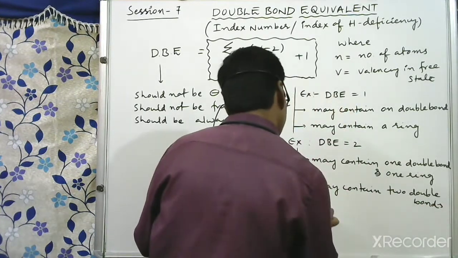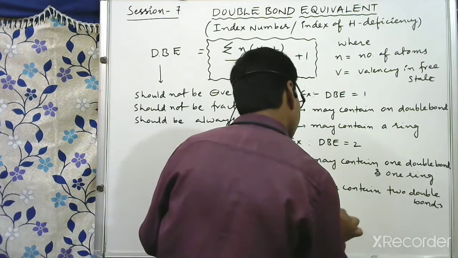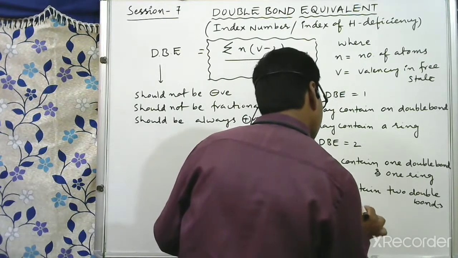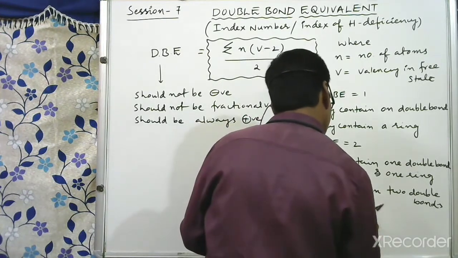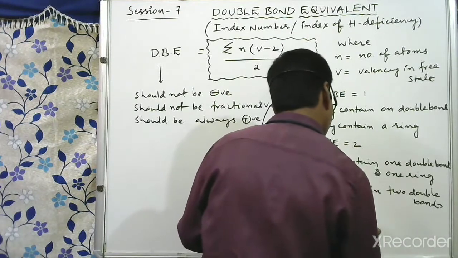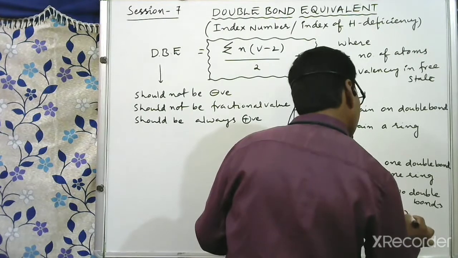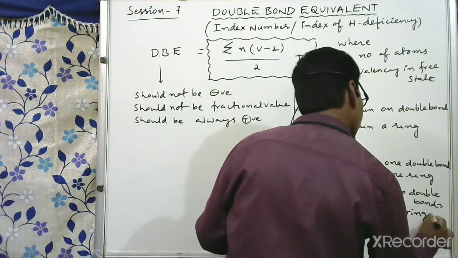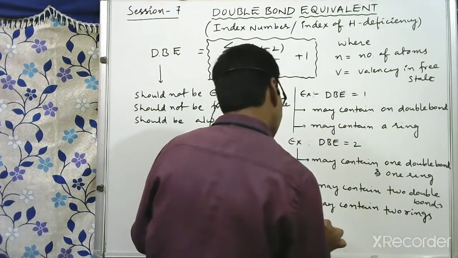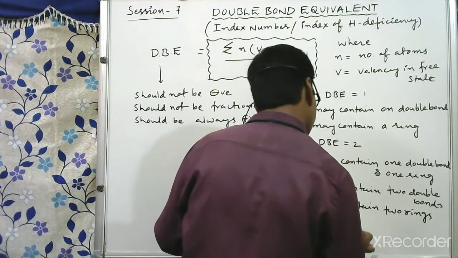Then it may contain two rings, two cycles. Otherwise, it may contain one triple bond also.